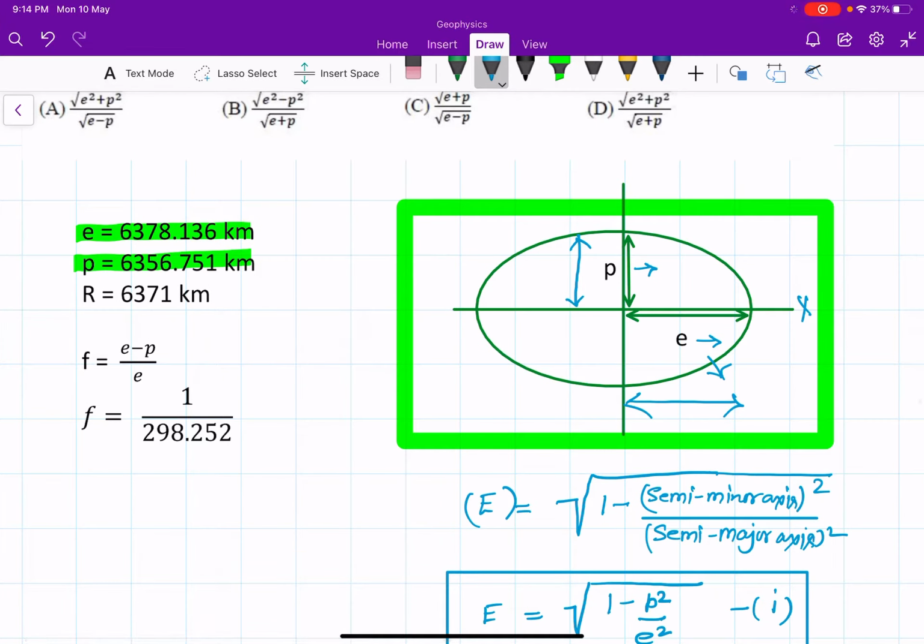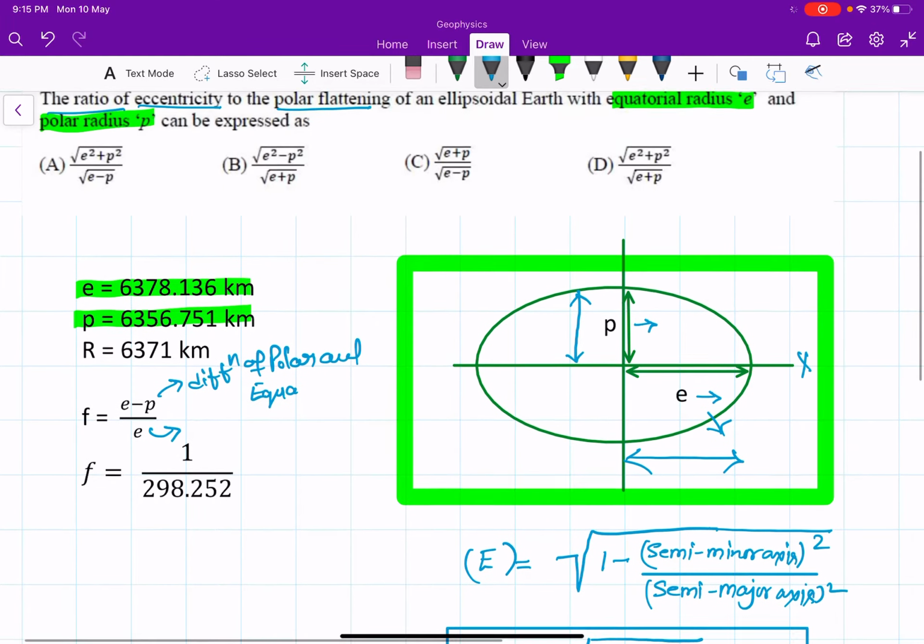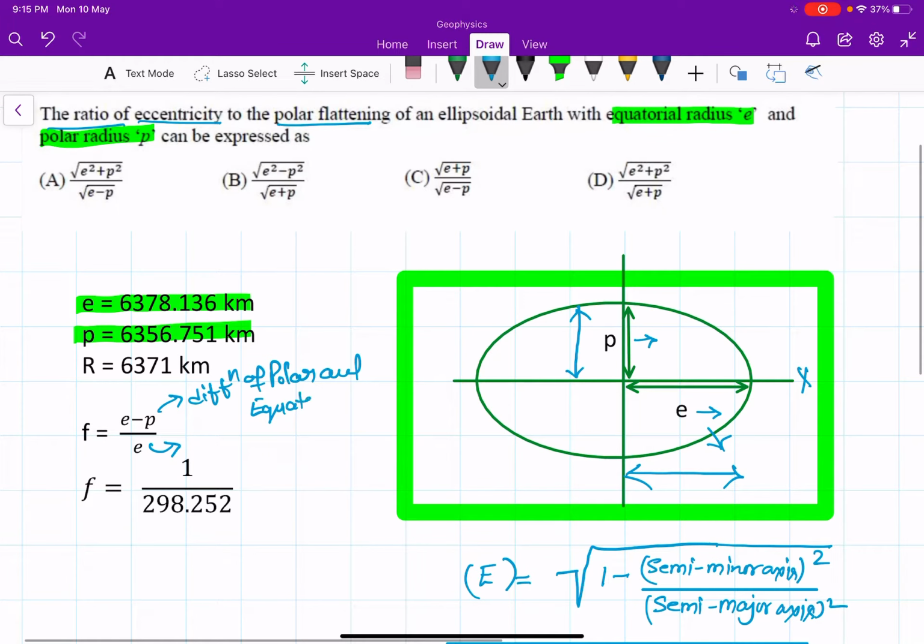Next is polar flattening. Polar flattening is the ratio of the difference of equatorial and polar radius to the equatorial radius. This is the difference of equatorial and polar radius, and this is the equatorial radius.